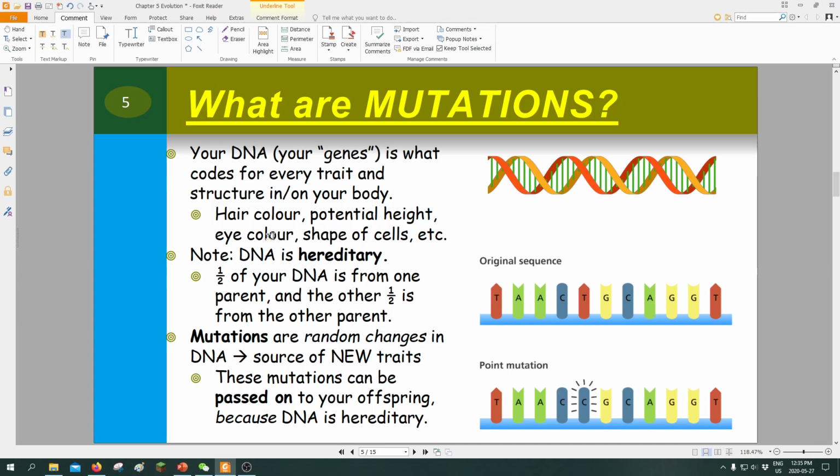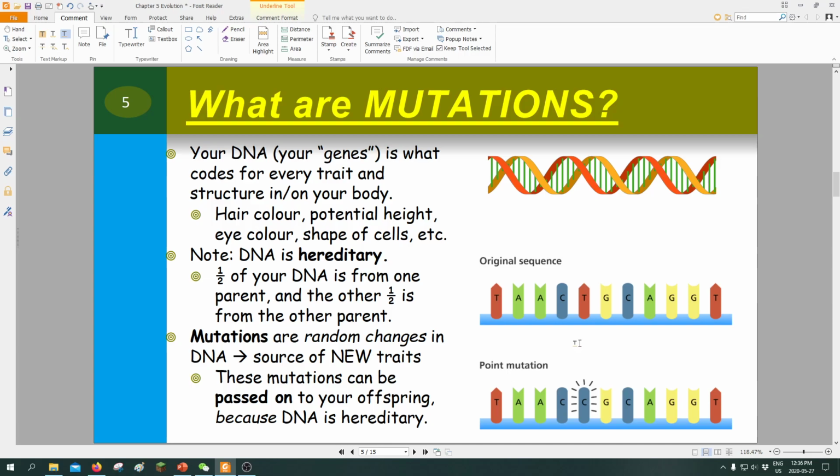My dad is 5'6", and through a random combination of those genes, I got the gene that gave me 5'8" genetics. Thank you, God. Now, note, DNA is hereditary, meaning that half your DNA comes from one parent and the other half is from the other parent. So the sequence of genes in your DNA comes from a combination of your two parents' genetics mushed together, and that's how you get you.